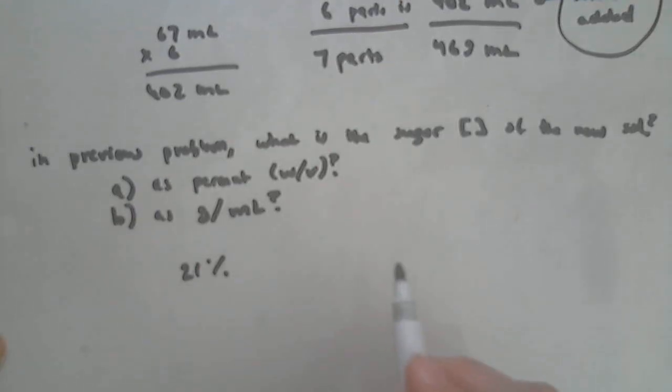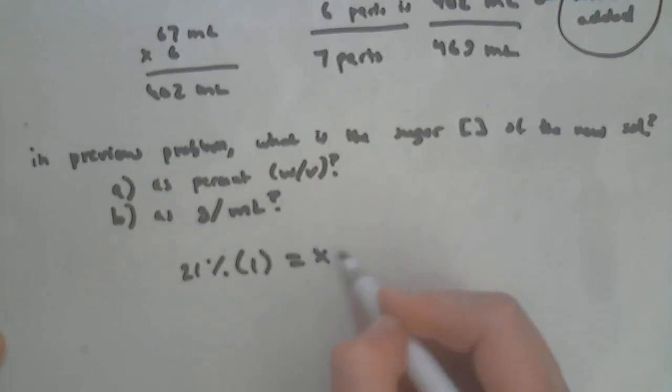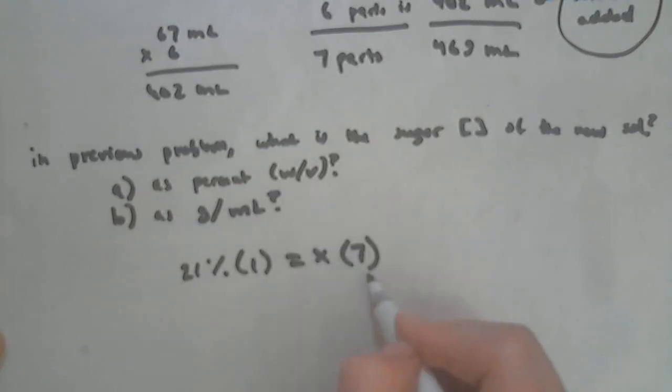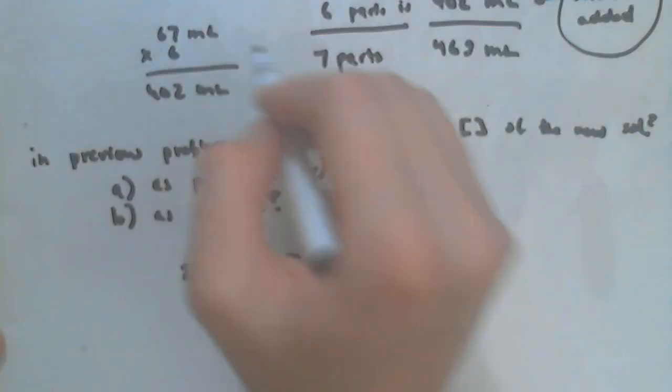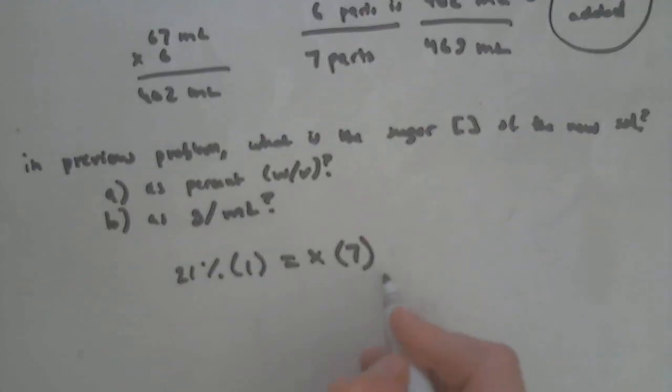And we're looking at one part, right? Now we're going to do something like this. We had 7 parts in the end, right? We're doing a 1:7 dilution. So we're going to have one part, we're going to have 7 parts. So we're just solving for x in this case.